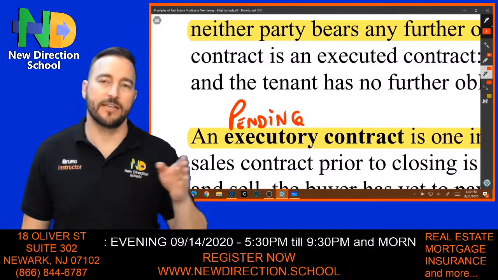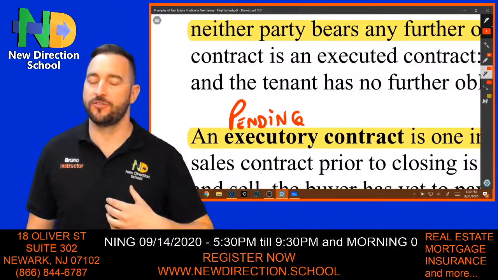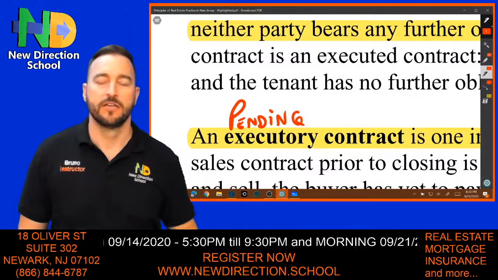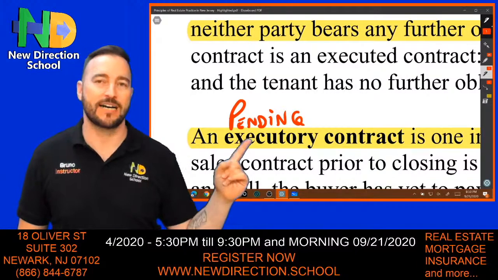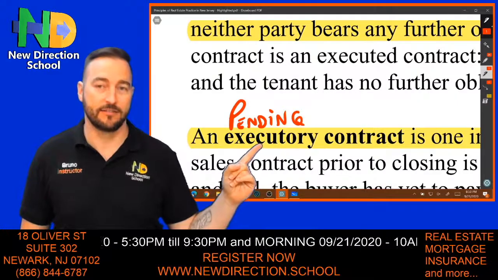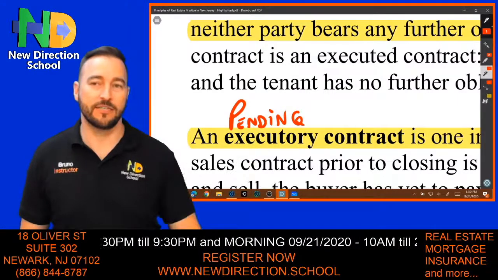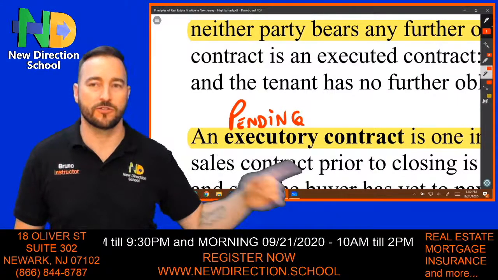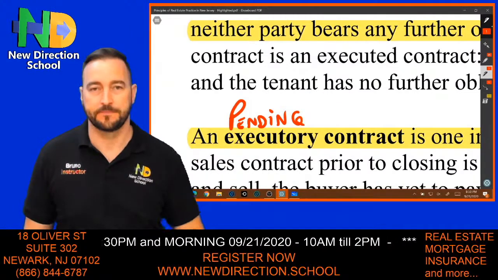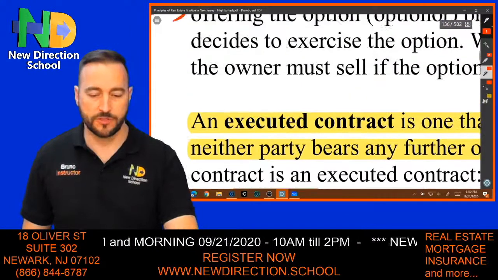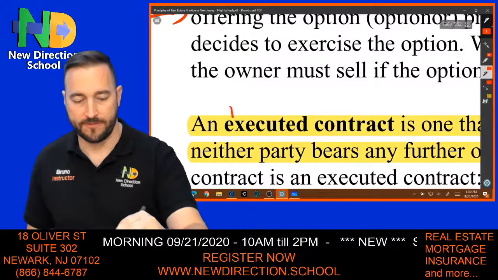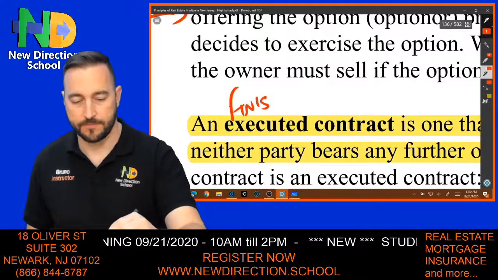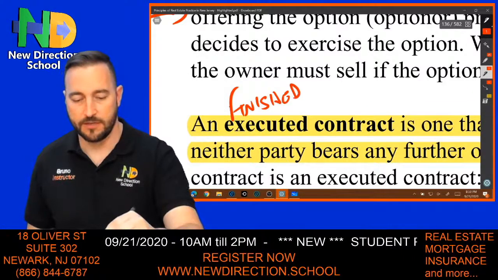During the 90-day period, there are certain things I have to do, certain things you have to do. So during that period of time, this contract is pending, right? I'm buying something, but we're going to close later. So the contract is pending. Once we close, once we finish the whole thing, it becomes executed.